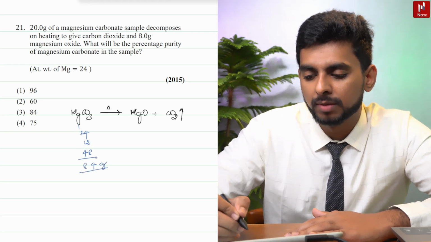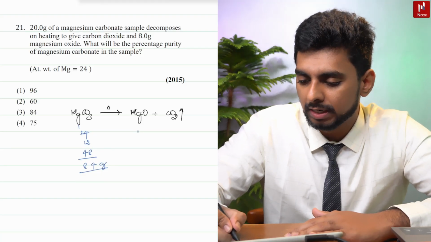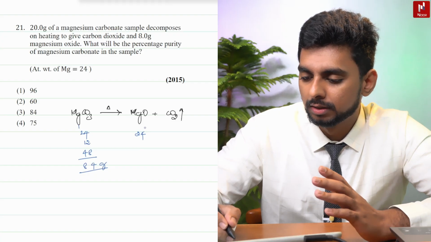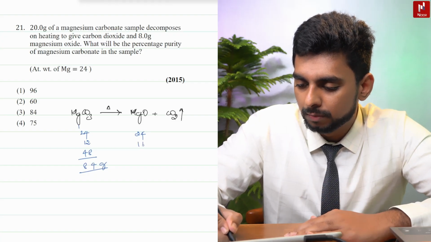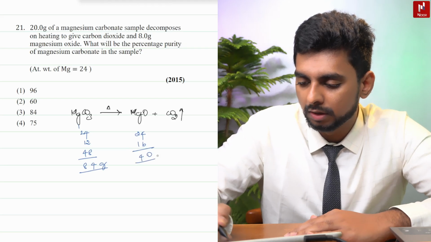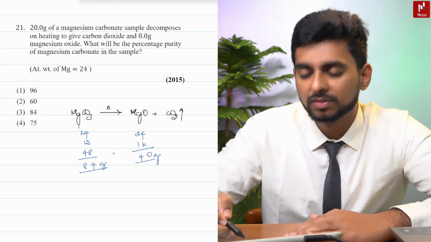So the molar mass of magnesium carbonate is equal to 84 gram. In the same way for magnesium oxide, you'll have 24, and for the oxygen you have 16, isn't it? So 24 plus 16 gives me the magnesium oxide, 40 grams. So now I have found out the molar mass of the magnesium oxide.